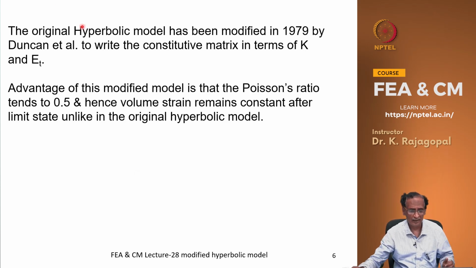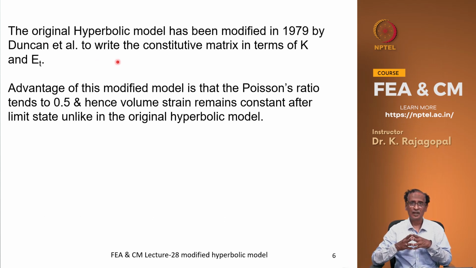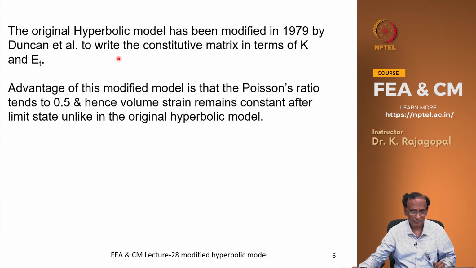In 1979, Duncan and others modified the original hyperbolic model by writing the constitutive matrix in terms of bulk modulus K and then Young's modulus Et.